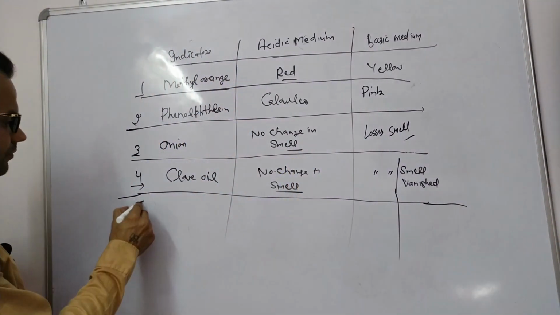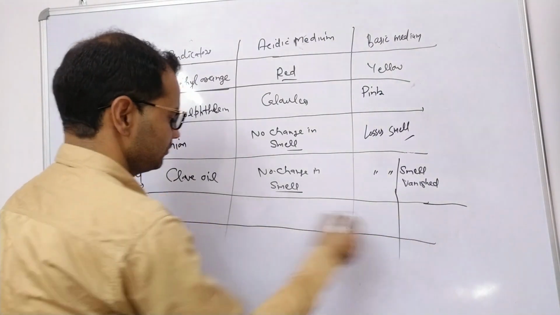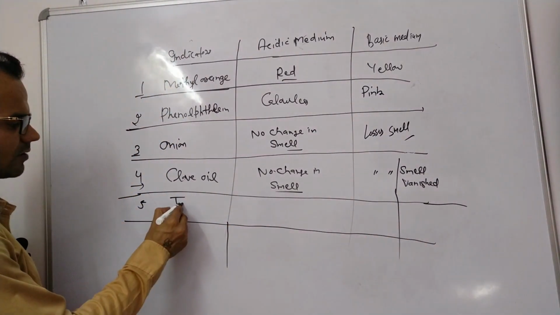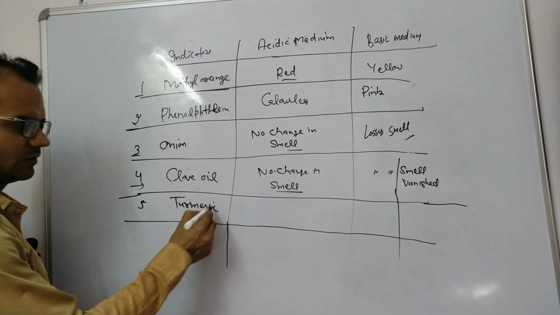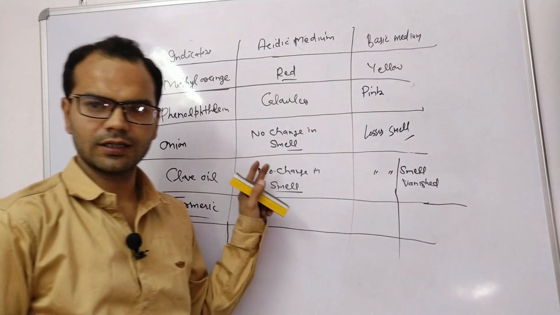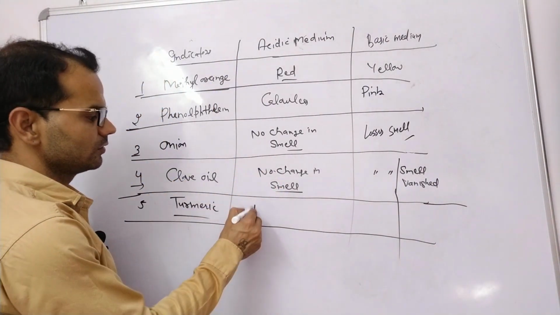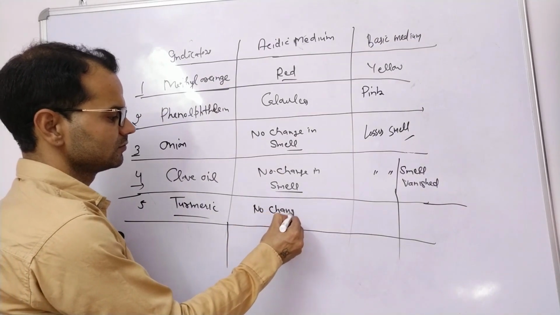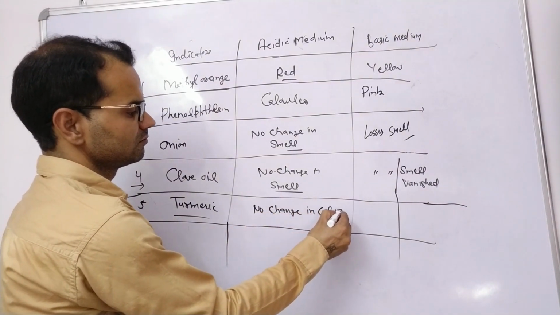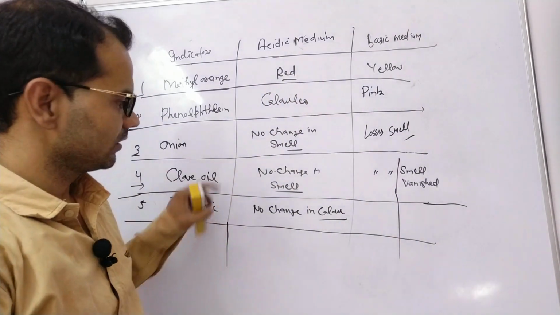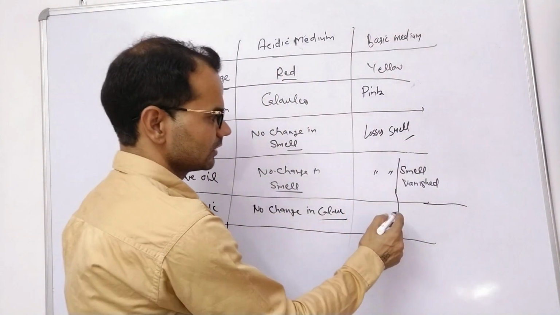Fifth was turmeric. It is yellow in color in acidic medium, but in basic medium the yellow color changes to orange color.